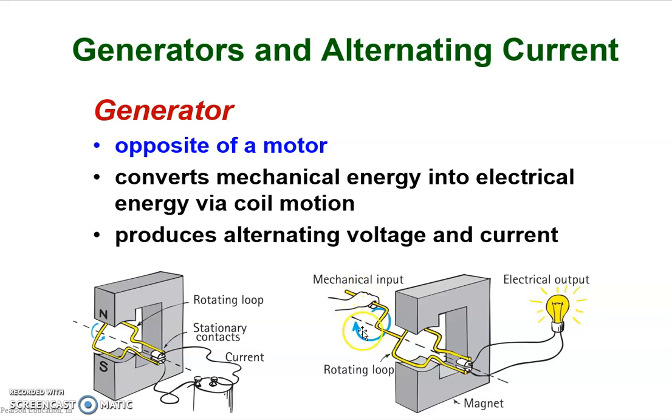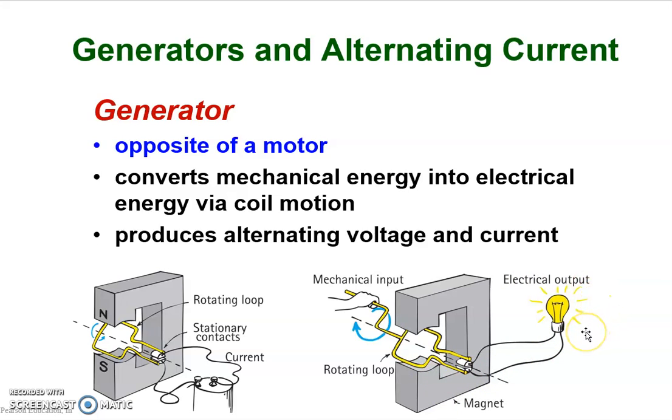So you have to rotate the coils within the magnetic field. If you are rotating the coils, you are changing the magnetic flux passing through the coils. Depending on the angle, the magnetic field passing through the coils will sometimes be smaller and sometimes bigger. And we learned from Faraday's law that when you change the magnetic flux, you produce an induced voltage, which produces an induced EMF and current.